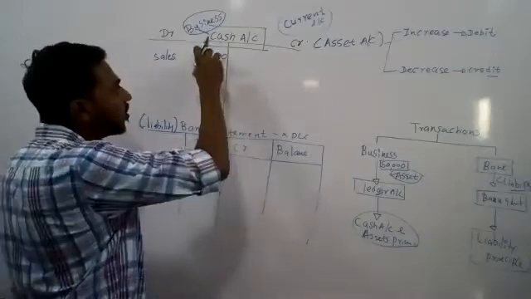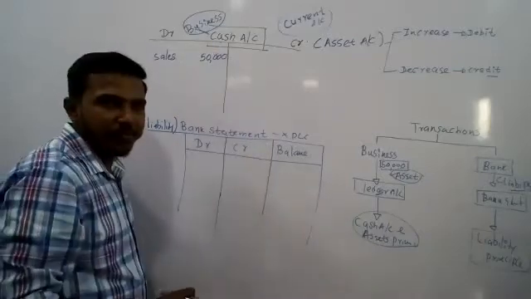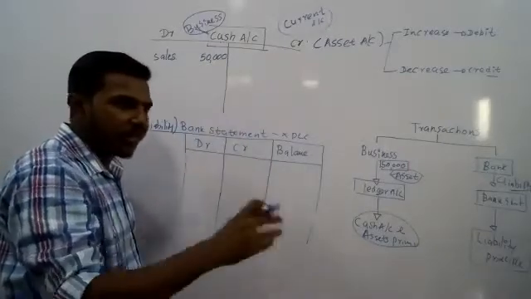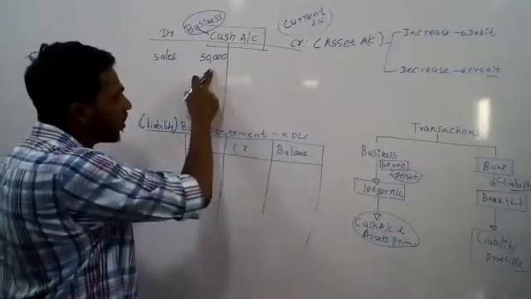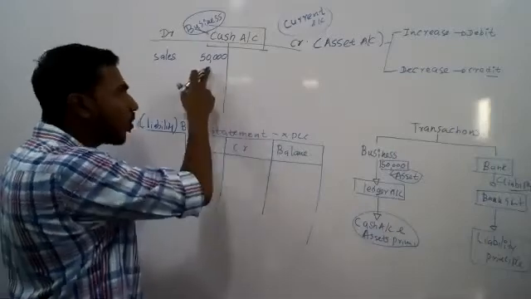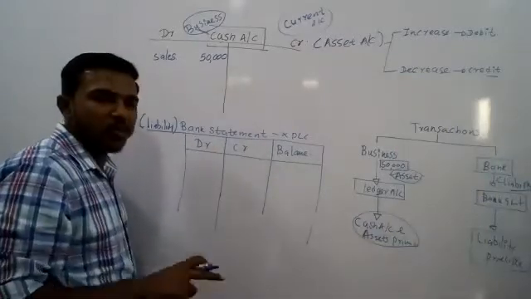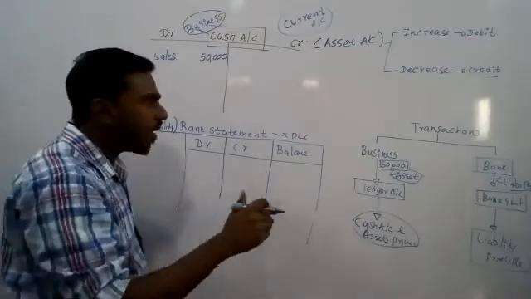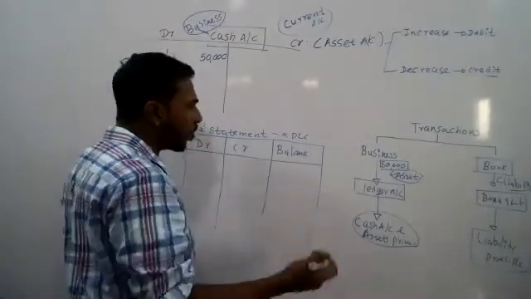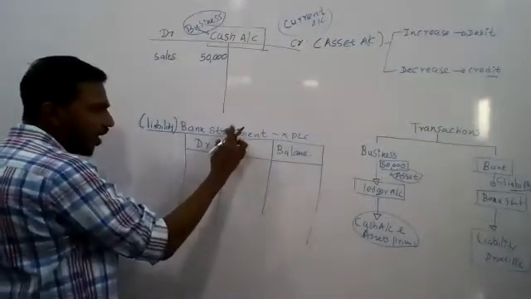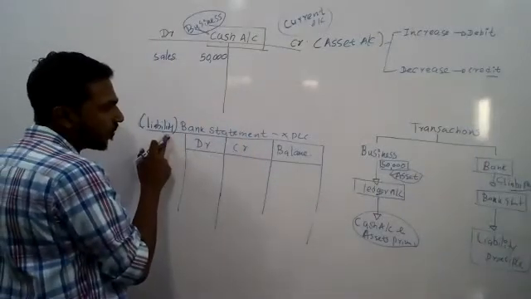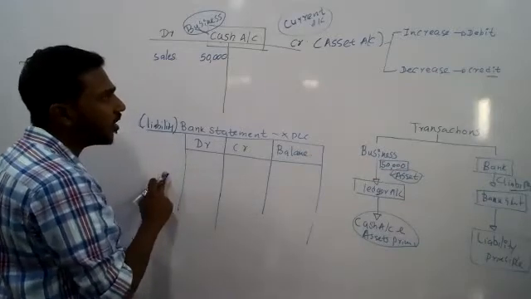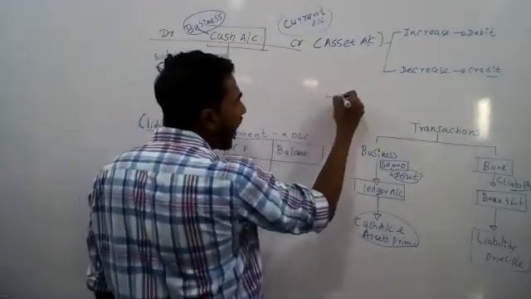Because once you deposit 50,000, whenever you request to withdraw that 50,000, the bank is supposed to return it. Since the bank is supposed to return it, from the bank perspective this is a liability. So you all know what's the treatment for liability?